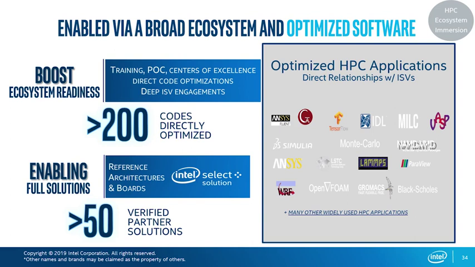So not only are we optimizing the codes, but we're giving the optimizations to those third-party providers, those developers, those open source communities, so they can more easily deploy it to their end customers. So what that means for you again is that as your customers are using these applications on Intel systems, they can be assured that the best optimizations are being fed to them as fast as possible.